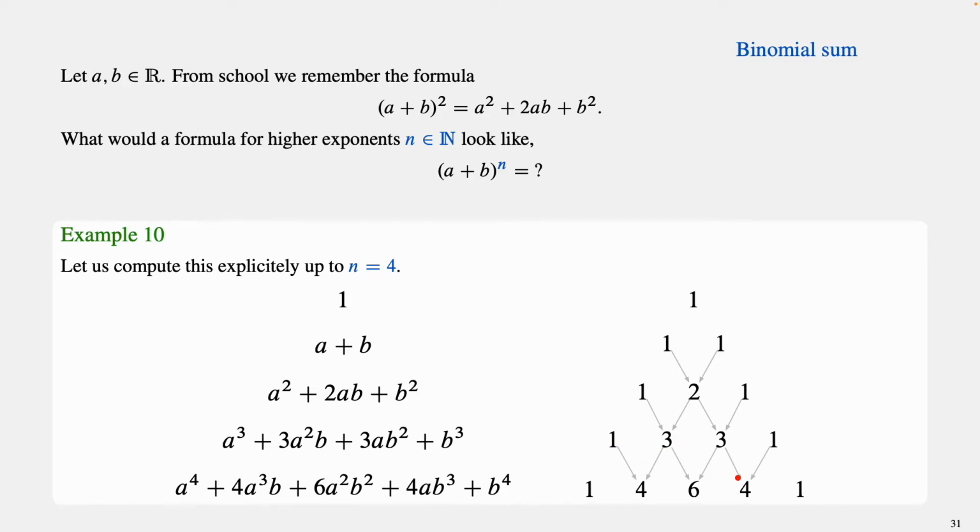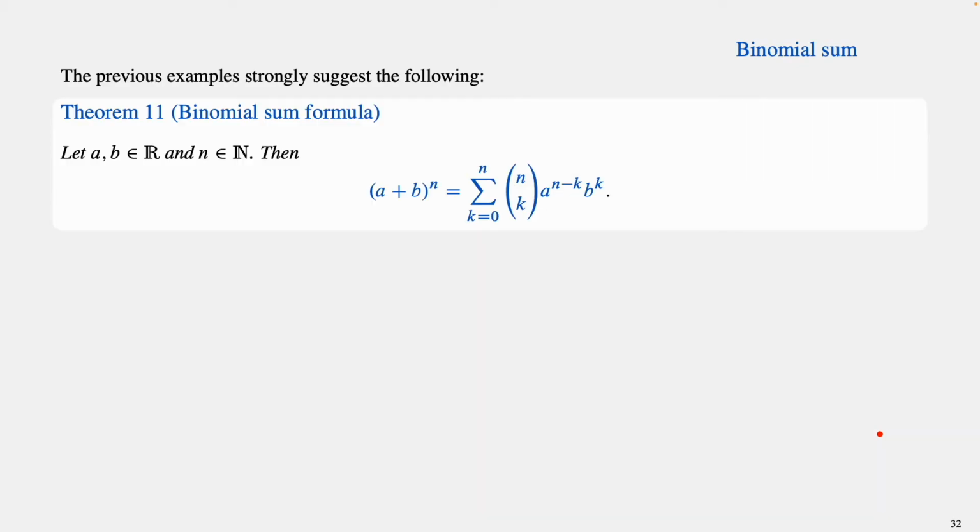And that pattern looks quite familiar because it's just Pascal's triangle. So we suspect that if we find a formula for arbitrary numbers n, we can obtain these coefficients by taking Pascal's triangle. And that is indeed true. This is the so-called binomial sum formula.